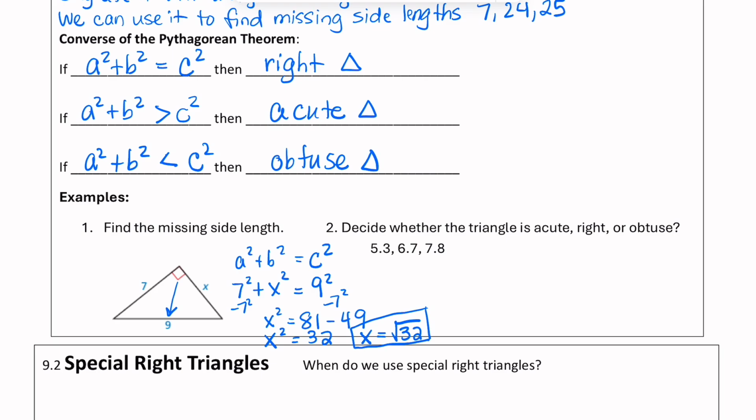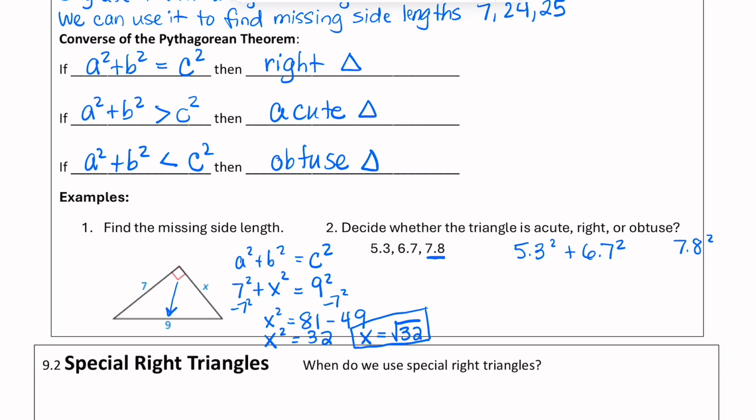In our second example, it says to decide whether the triangle is acute, right, or obtuse. So we're going to be using this theorem right here, the converse theorem, okay? We're going to check to see if a squared plus b squared is equal to, greater than, or less than c squared, to see which kind of triangle it is. So remember, the longest side is always the hypotenuse. So we're going to have 5.3 squared plus 6.7 squared, and then we have 7.8 squared. And so we're going to put that into our calculator and see if they are equal, greater than, or less than.